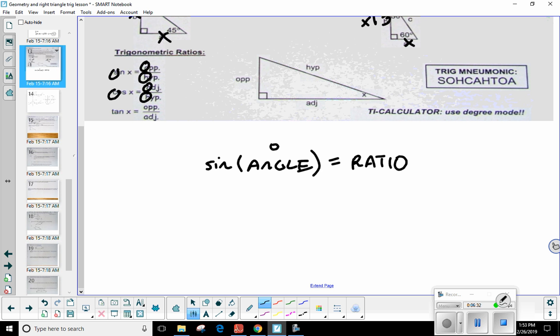But if I were to talk about this other angle, let's call it theta, then from theta's perspective, this would be the opposite side, while this would be the adjacent. So it does depend on what angle you're referring to. Is everybody okay with that? As you switch angles, those sides are going to switch, not the hypotenuse. The hypotenuse is always going to be across from 90 degrees.